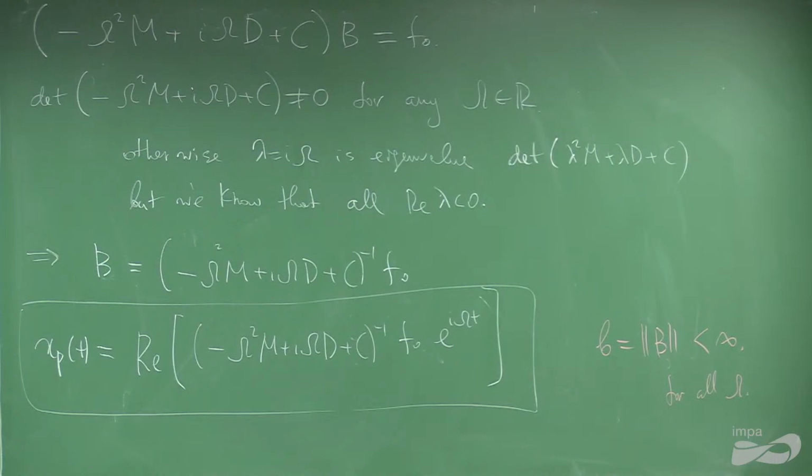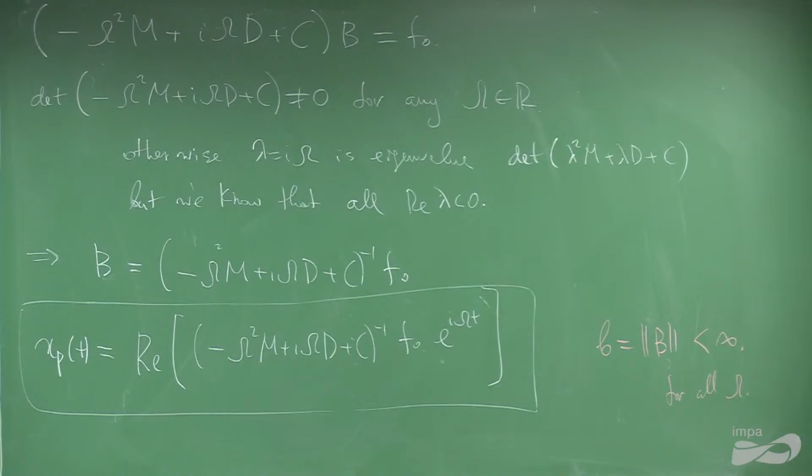The difference is that in the previous case we were considering direct forcing, so you have a periodic force acting on the system. In a parametric resonance, what changes periodically in time are parameters, for example, coefficients of this matrix. So let's see some examples.